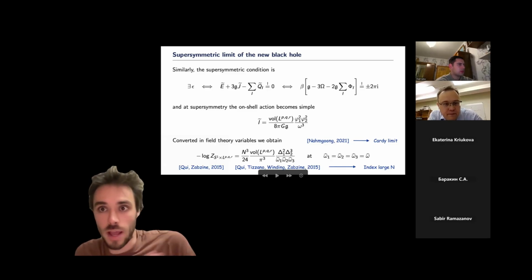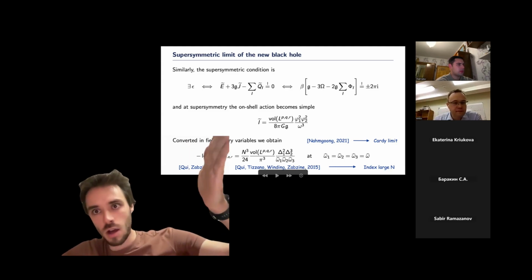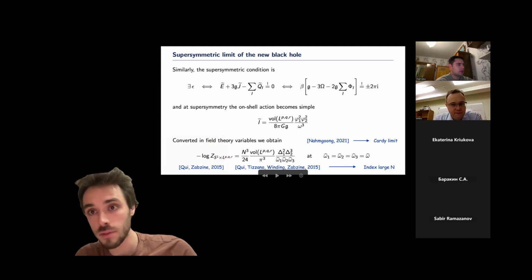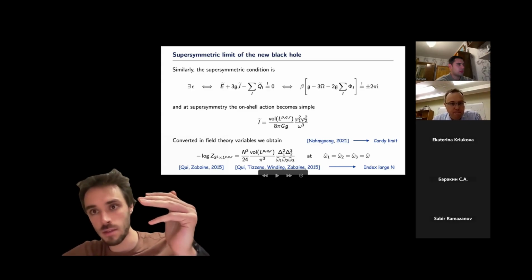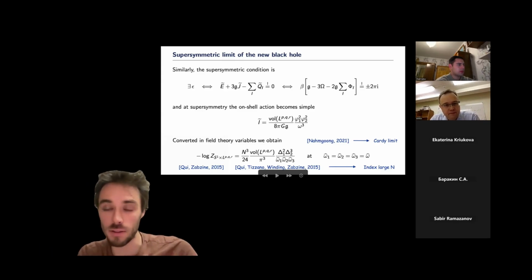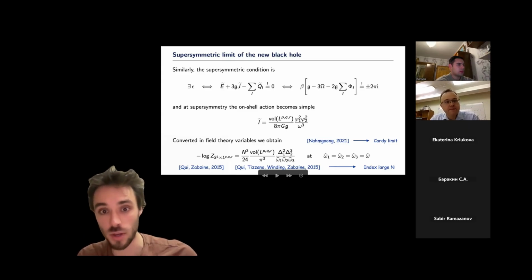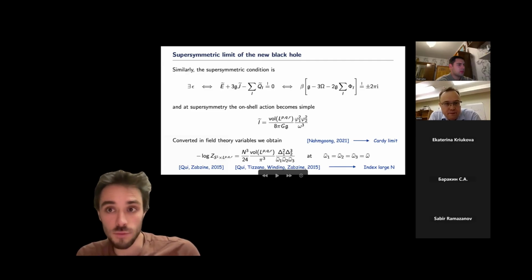The leading order in large N would be two-derivative supergravity. The subleading orders in N would involve higher derivatives in gravity, and that's extremely useful to have if you care about higher derivative corrections. But for now, we're focusing on just the leading part. That's the prescription in those papers.